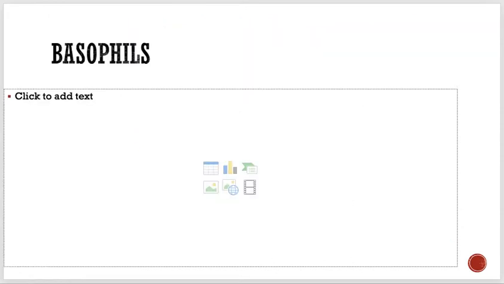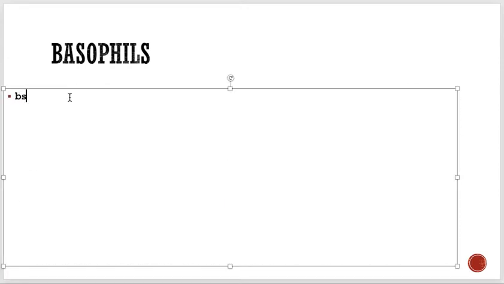So basophilia is when the number of basophils is more than 0.2 times 10 to the power 9 per liter, right? So we call that basophilia. Now, what are the causes of basophilia?